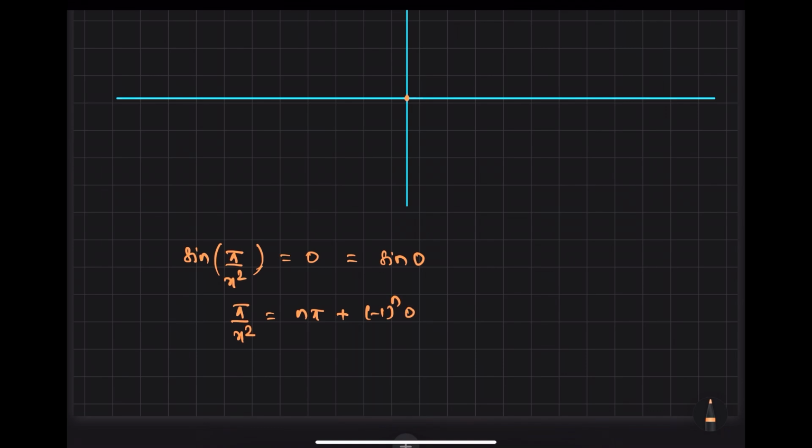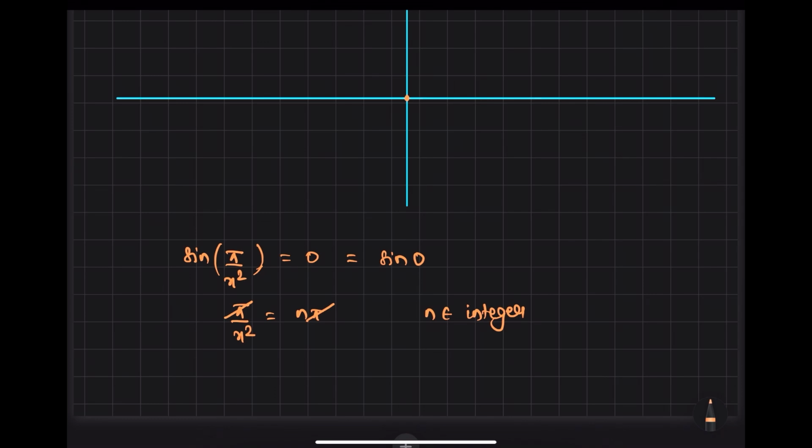Here alpha is 0, so that term becomes 0 and we are left with n pi. Now, can I divide both sides by pi? We remove this pi and are left with n. Who is n? n is an integer.